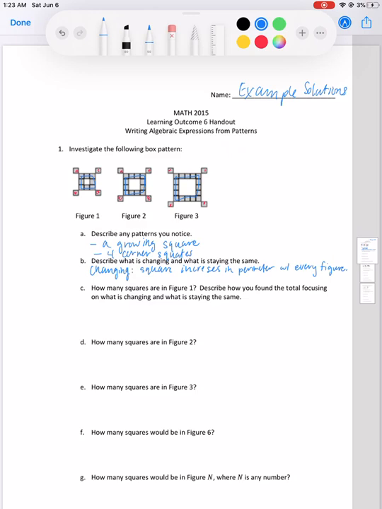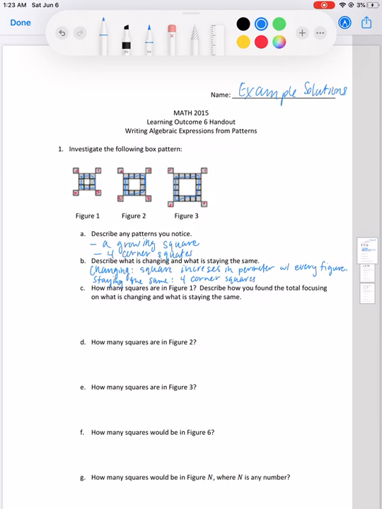What is staying the same? The four corner squares. They're in every figure. They do not grow or shrink at all.